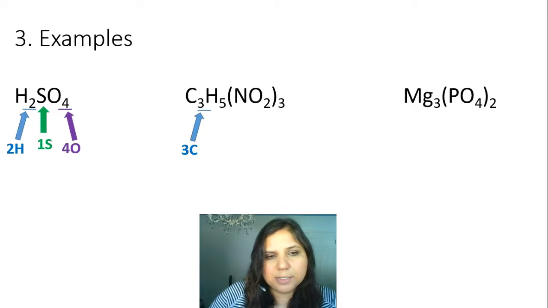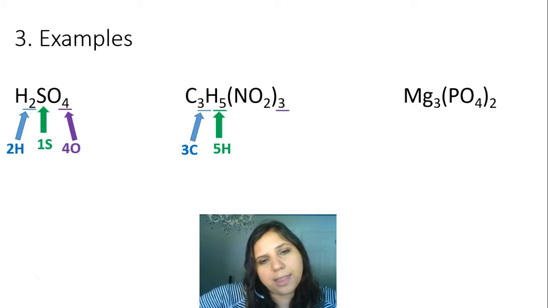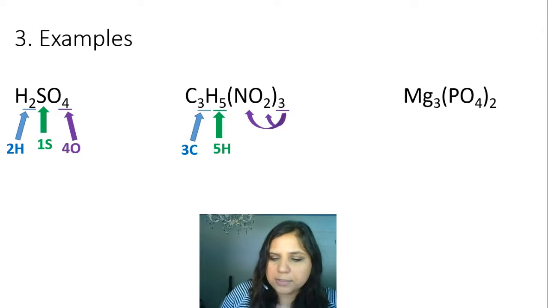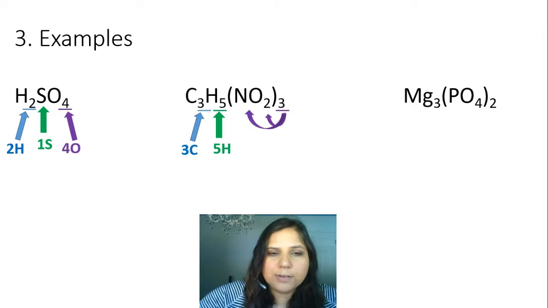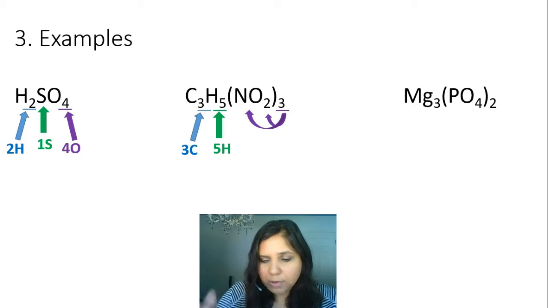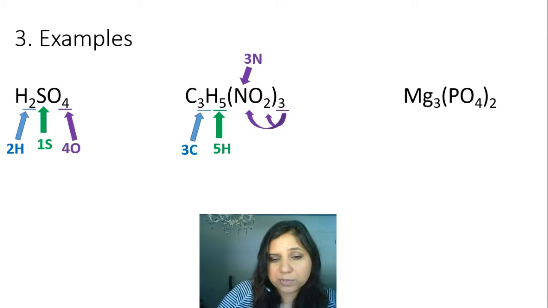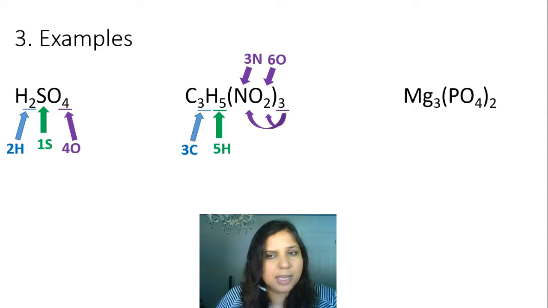We have 3 carbons, 5 hydrogens. For the parentheses, what you would do is you would distribute that 3 to both of the atoms inside of the parentheses. So if we have 3 times an understood 1, that would be 3 nitrogens, and 3 times the subscript of 2, which would give me 6 oxygens. I'd like you to try the next one and see if you did it right.